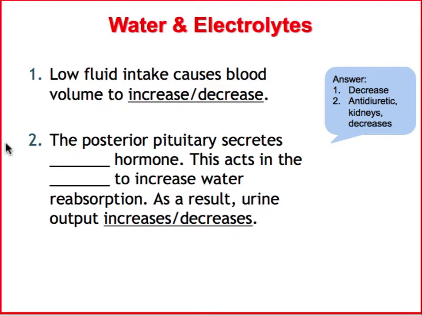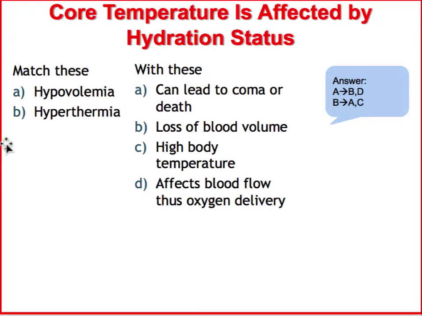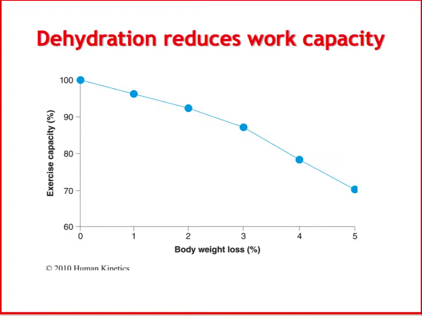So you reabsorb more water into the blood. And so we talked about low blood volume, so you can answer this yourself: how is it associated with hyperthermia or heat stroke?